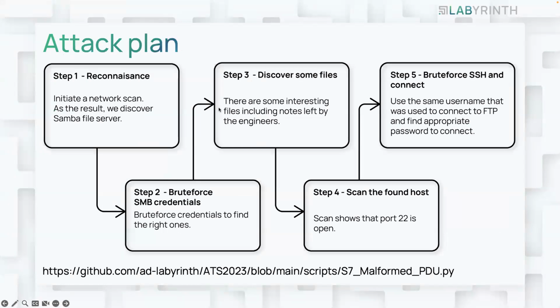Our next step is actually attacking the whole thing. On the screen, you can see our rough plan. It may slightly vary depending on what we will find. To begin with, let's imagine that we are the attackers, so we turn to the red team.